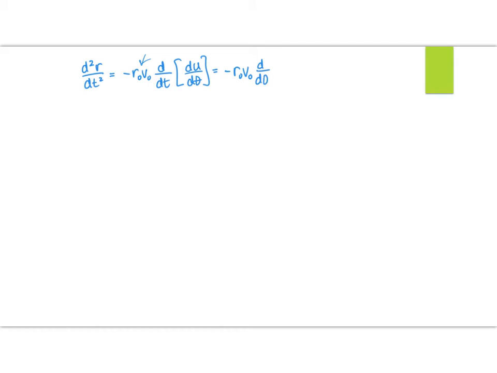Use the chain rule. Finally, we have an expression for the second derivative of r with respect to time.